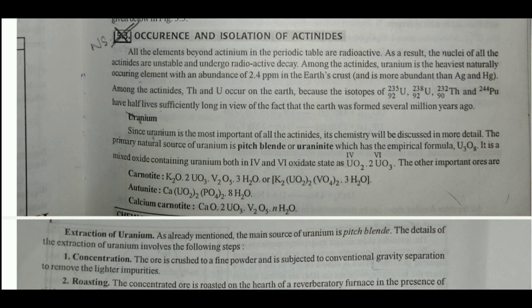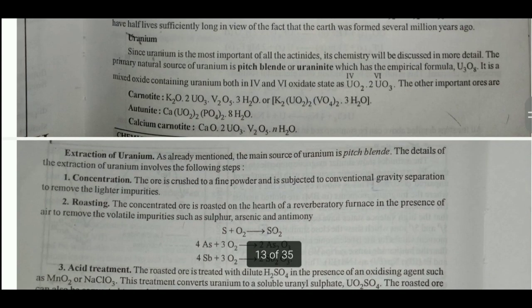Among the actinides, Th and U occur on the Earth because the isotopes of U, Th and Pu have half-lives sufficiently long, in view of the fact that the Earth was formed several million years ago. Uranium. Since uranium is the most important of all the actinides, its chemistry will be discussed in more detail.